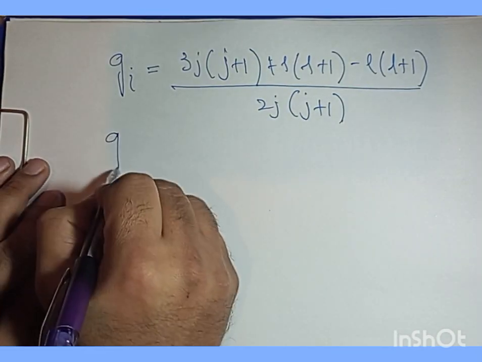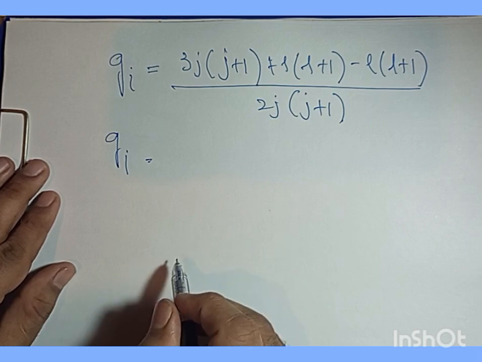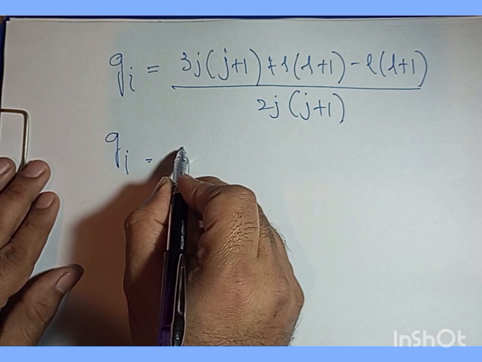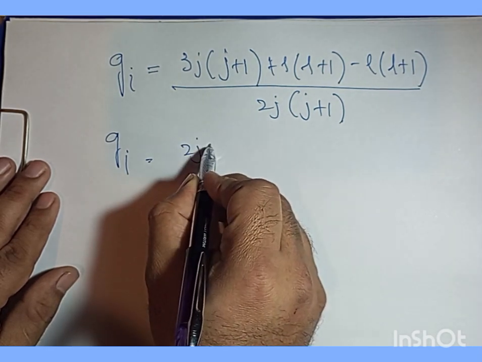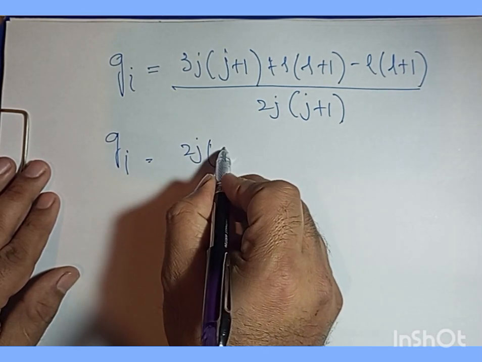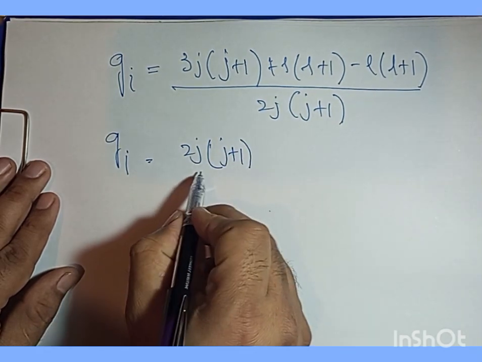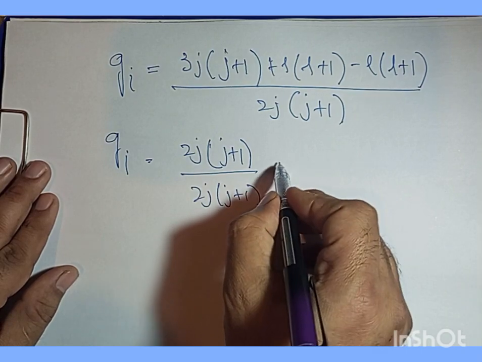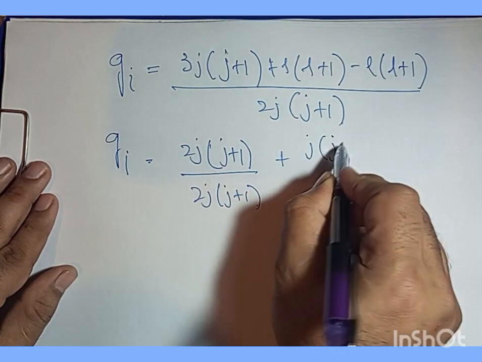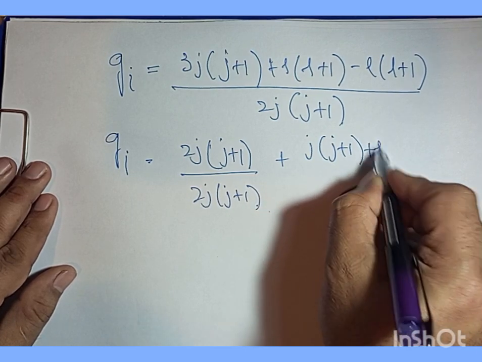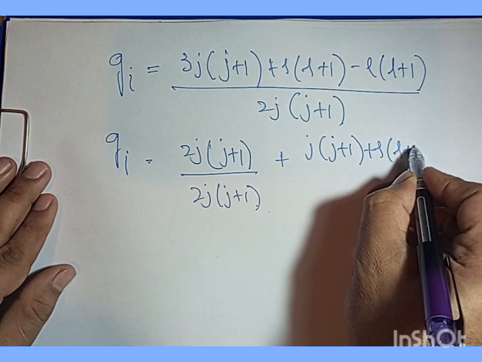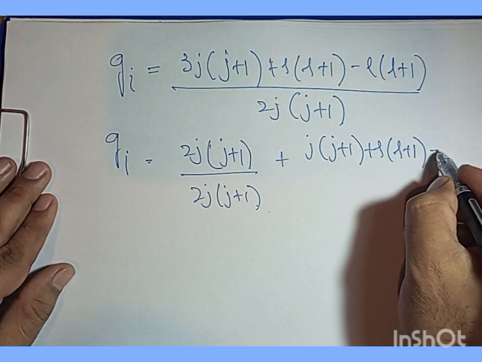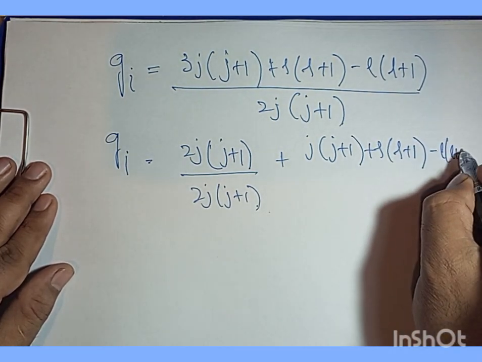Now we can make a further little simplification here. It would be like if I write here 2j times j plus 1 divided by 2j times j plus 1. I can do this plus j times j plus 1 plus s times s plus 1, and then minus L times L plus 1.